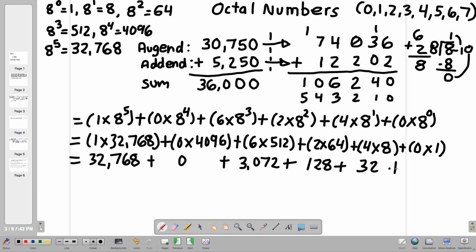And 0 times 1 is 0. And let's add up. We have 32,768 plus 3,072 plus 128 and plus 32. And it is indeed the value 36,000. And this is what we wanted to show.